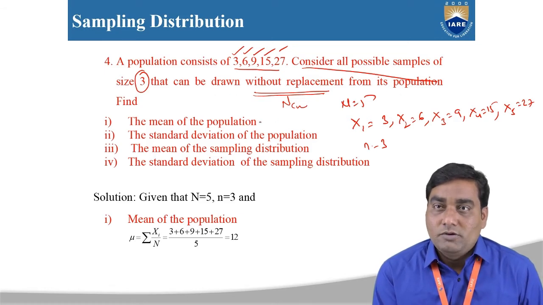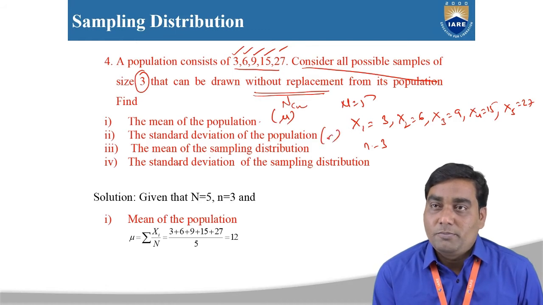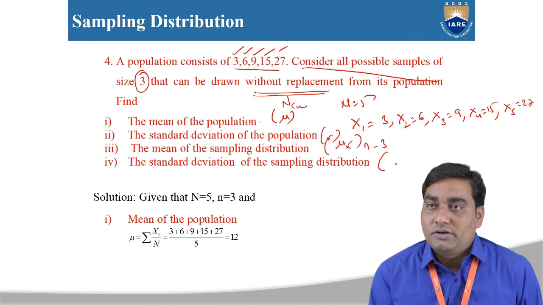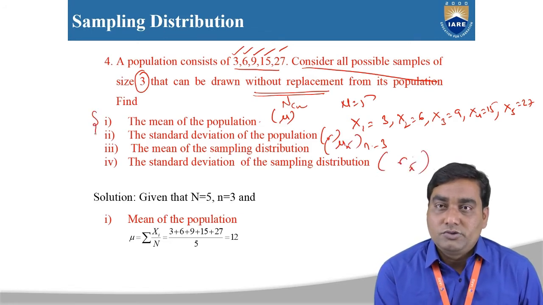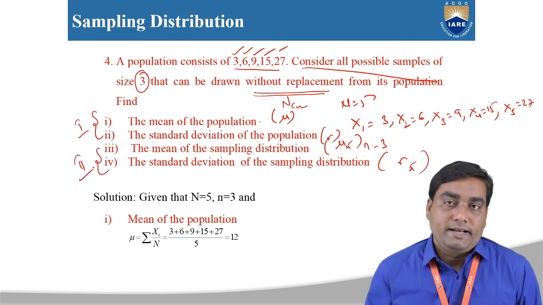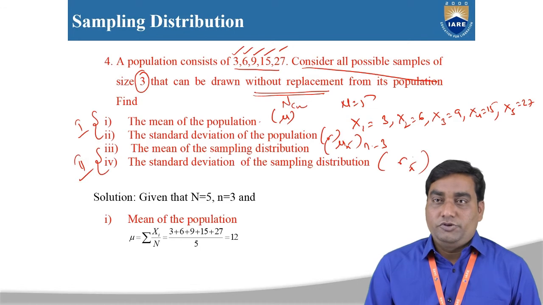Find again the mean of the population, the standard deviation of the population, the mean of the sampling distribution, and the standard deviation of the sampling distribution. These two are related to the population and these two are related to the sampling distribution.